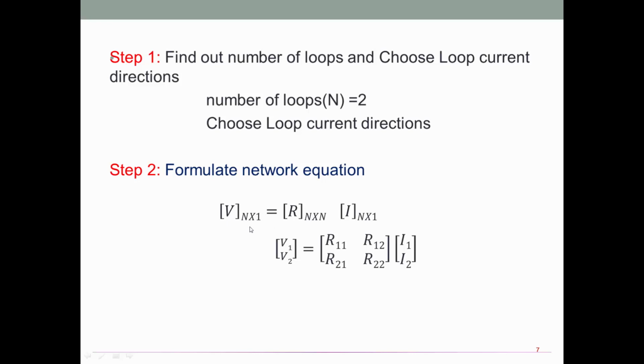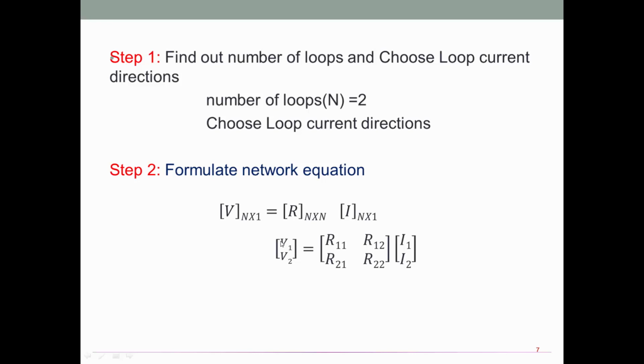So we can expand this network equation as per our requirement. There are two loops, so V1, V2, and R11, R12, R21, R22 are the elements of the R matrix, which constitutes 2 cross 2 elements, and I1, I2 are the two elements in the 2 cross 1 current vector.